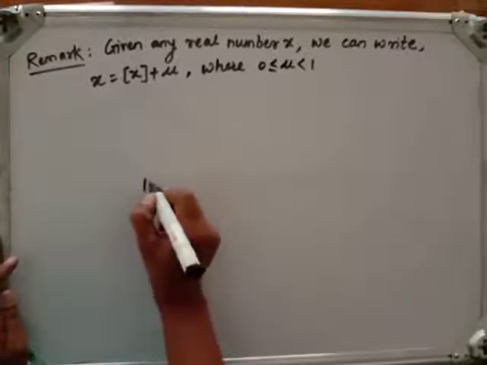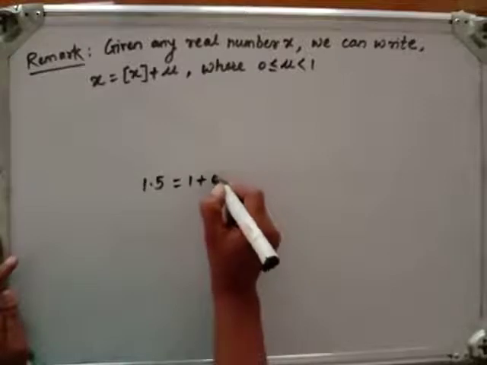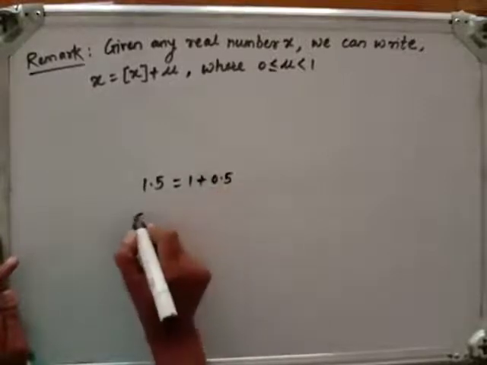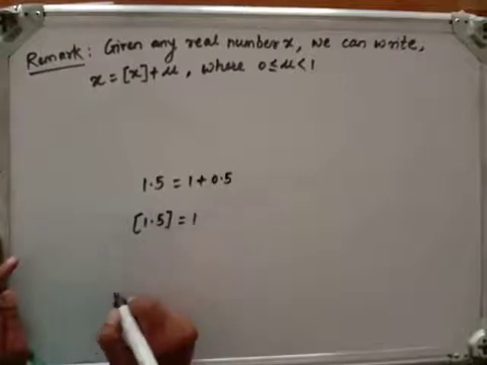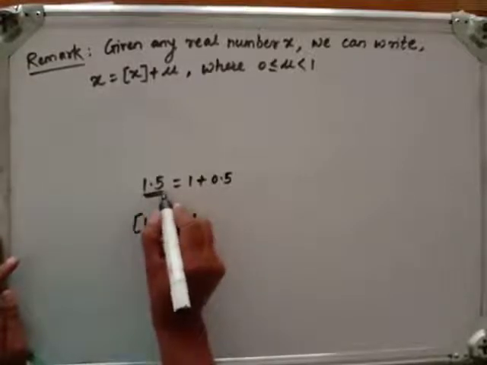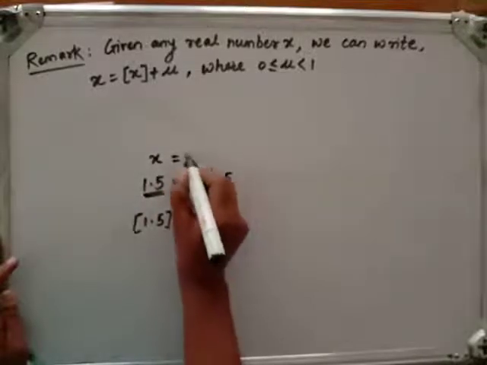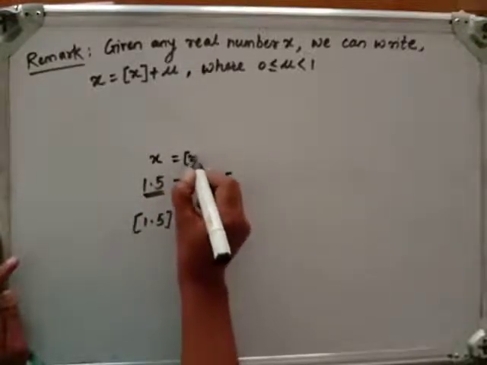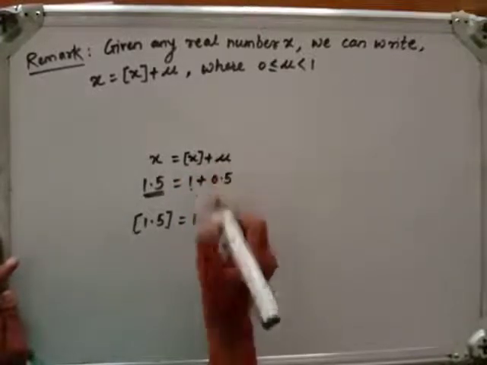Now look here, if I take 1.5, this 1.5 can be written as 1 plus 0.5, and you know the greatest integer function of 1.5 is nothing but 1. So if this is x, then this 1 is nothing but its greatest integer function, plus this part I am taking as mu.